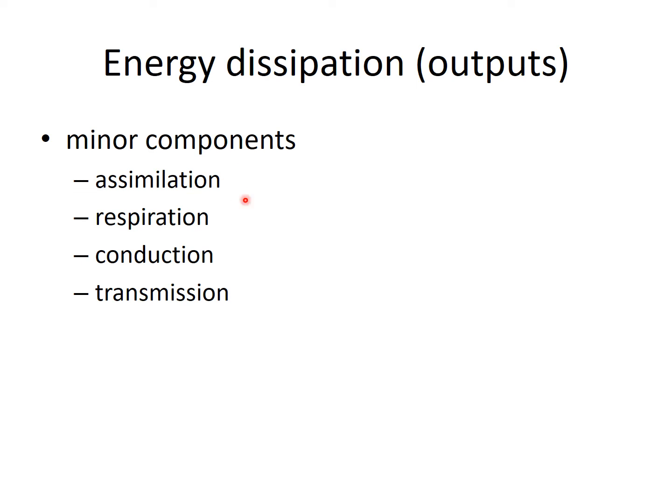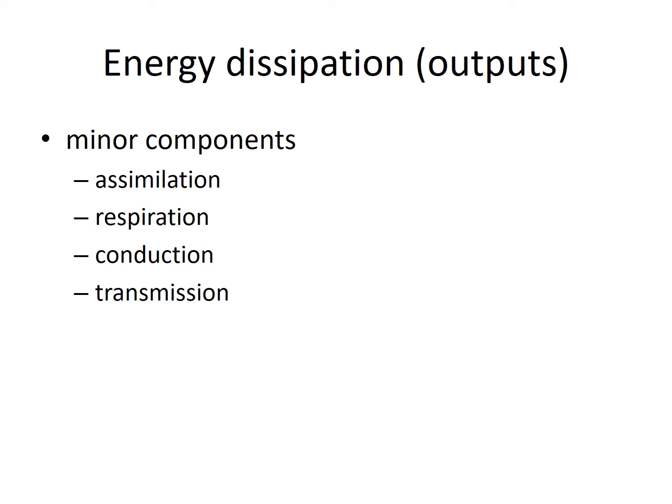These two components obviously are very important for the plant from a growth perspective, but they're not very important in terms of determining the energy balance and the temperature of the leaf. Assimilation and respiration together probably dissipate maybe 1% of the total radiation absorbed by the leaf.